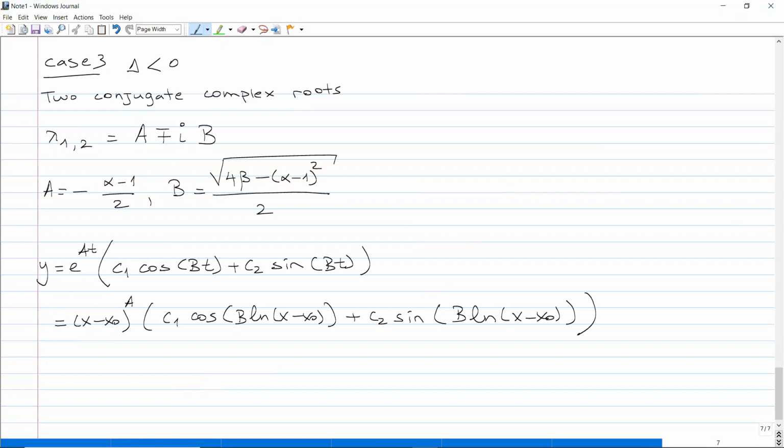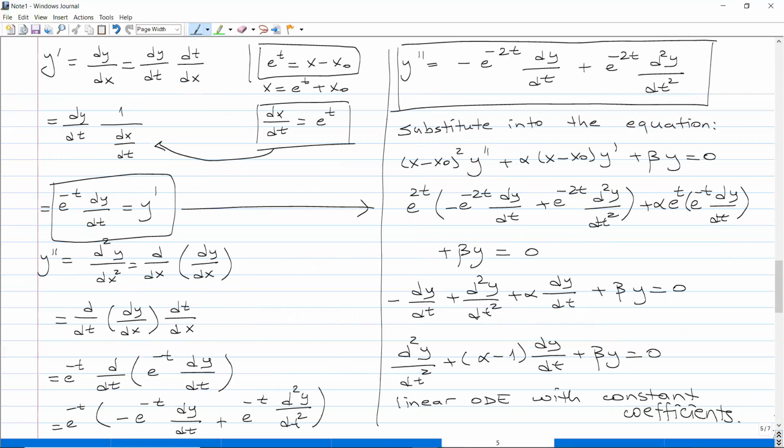I'm not going to give an example, but what you need to know is how to obtain, once you call e to the t as x minus x0, the first derivative and the second derivative of the function, so that when you substitute into the equation, it becomes this equation. Once you write your equation, you can work it out. But this equation is in t now.